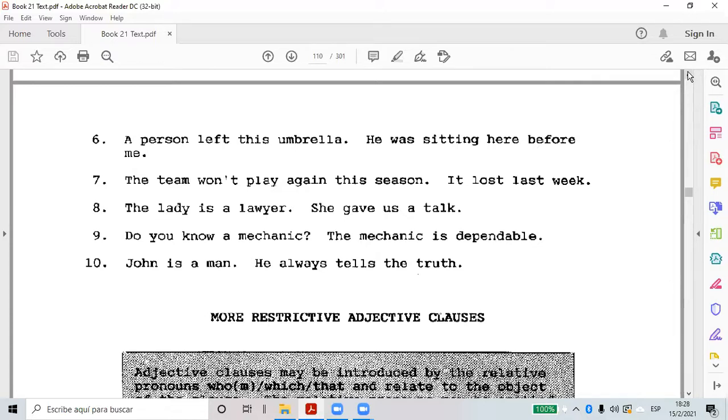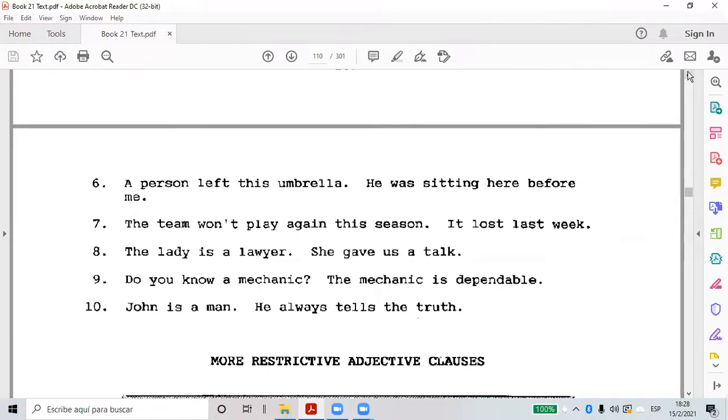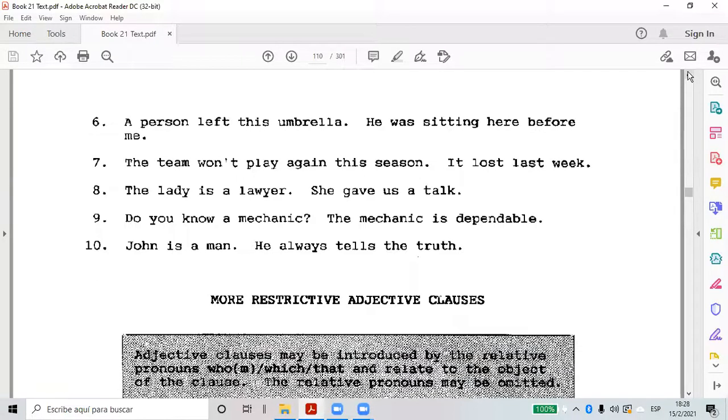Carlos Riveros, next. Natalia, please. The lady is a lawyer. She gave us a talk.